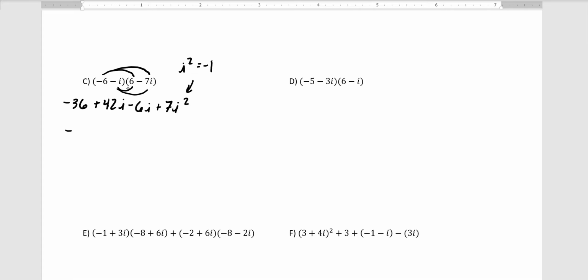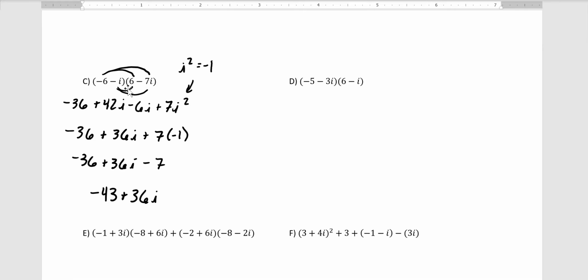So when I combine this, I'll have negative 36 plus 42i minus 6i, which is 36i, plus 7 times negative 1. This becomes negative 36 plus 36i minus 7. Negative 36 minus 7 gives me negative 43. So negative 43 plus 36i, and there we go. That is our solution to this operation.